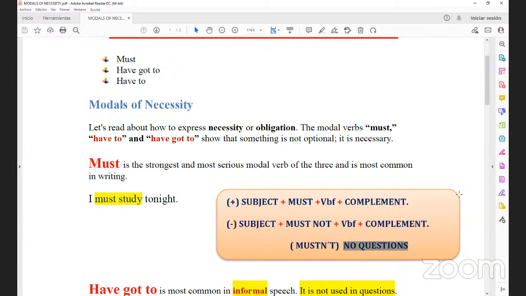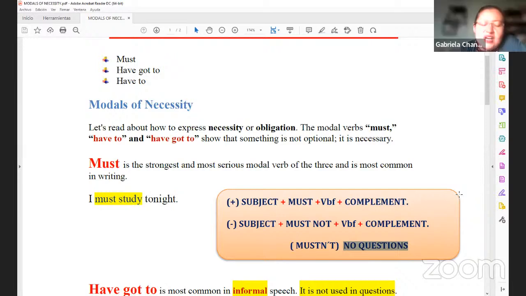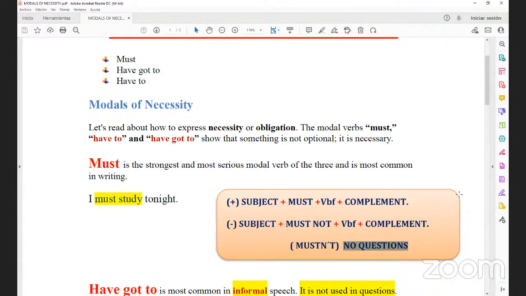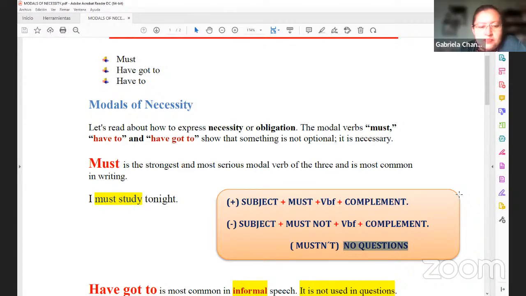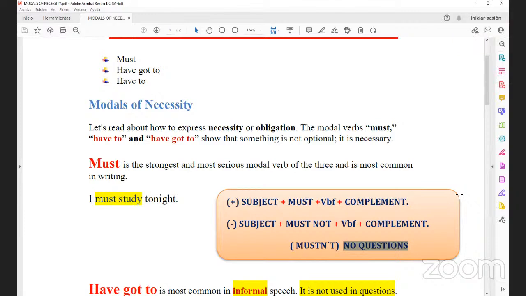Yeah, must have access to education. Yeah, okay. Okay, one more.